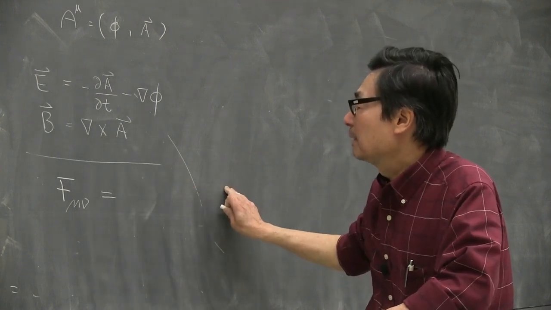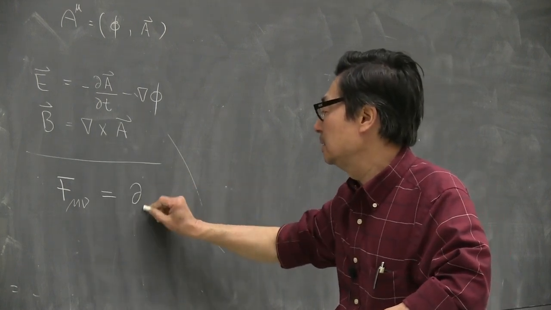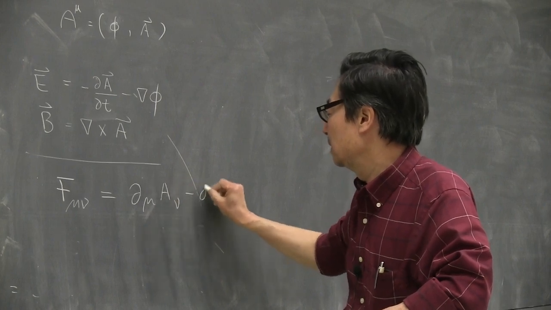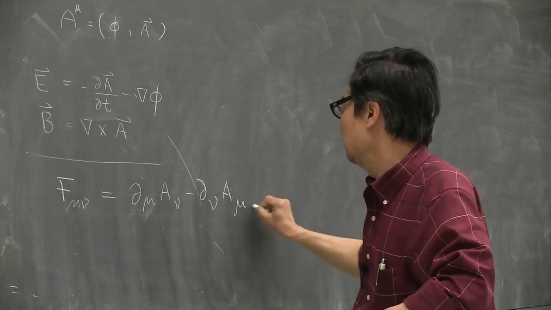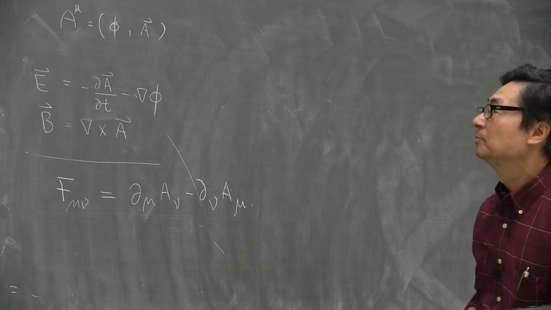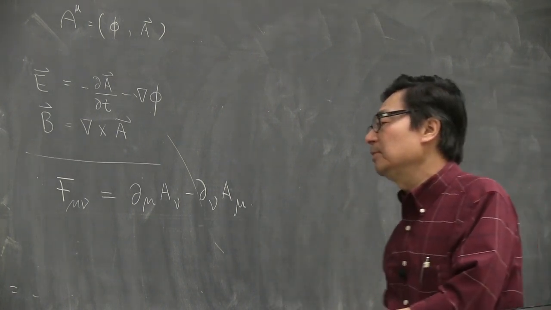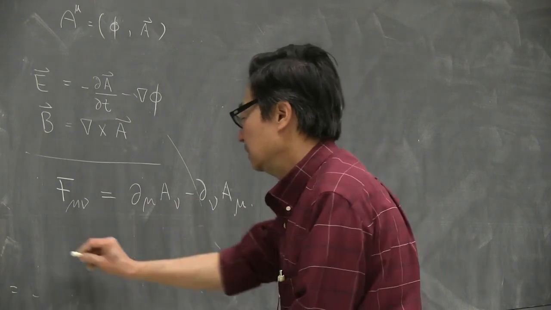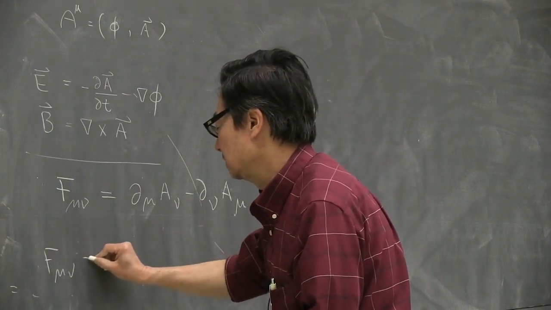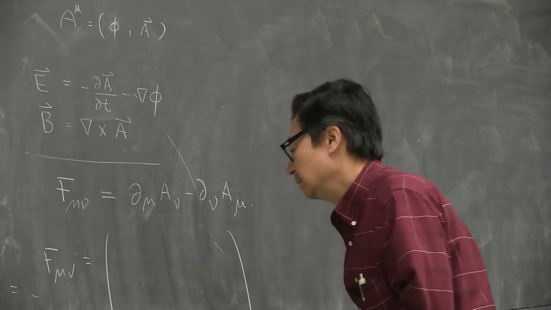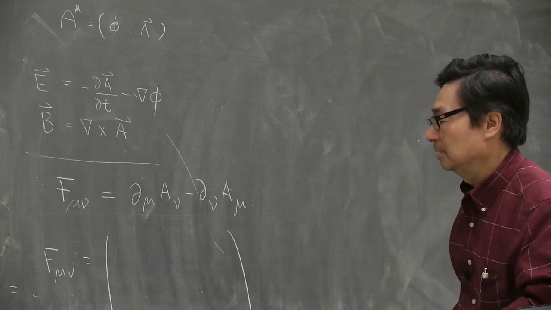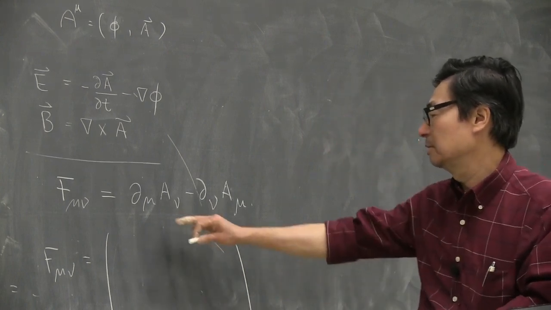If you define F mu nu as d mu A nu minus d nu A mu, then you see that the E and B fields are just the six independent elements of this 4 by 4 antisymmetric matrix.